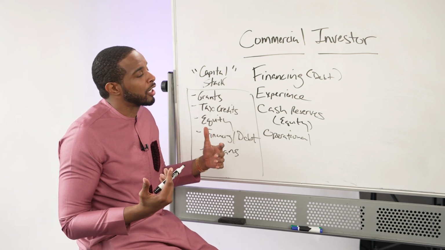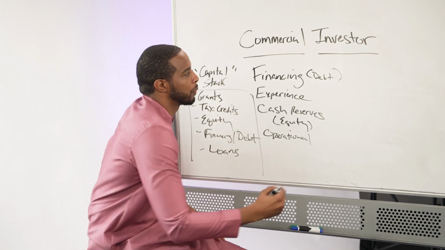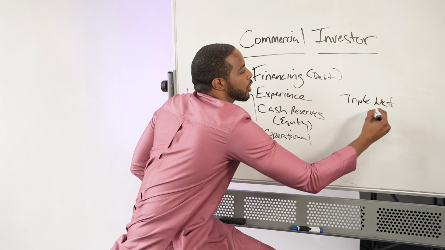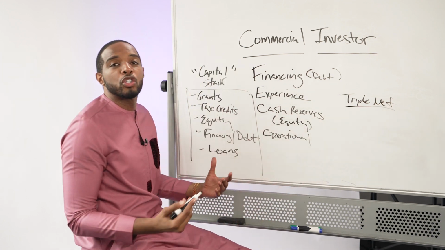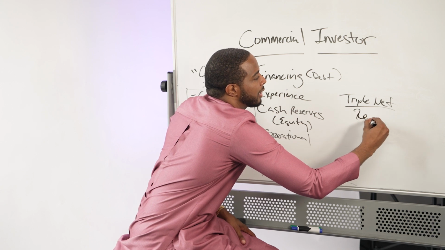The cool part about being a commercial landlord is you typically do what's called triple net leases. Triple net leases aren't like a residential lease where a tenant just pays you rent. In this case, the tenant pays rent for being there.